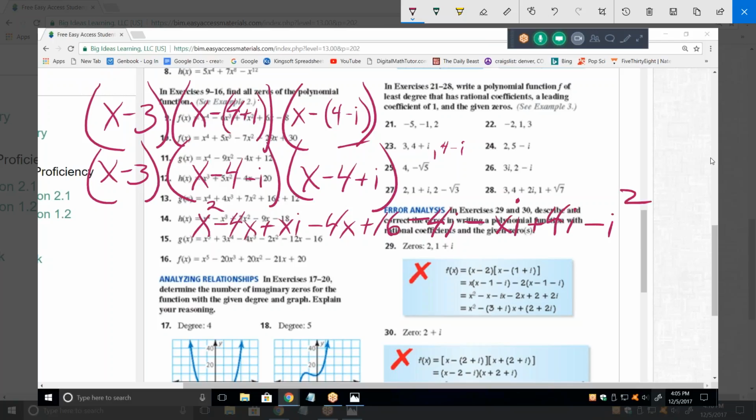Notice that when you multiply a trinomial by a trinomial, you get 9 terms.